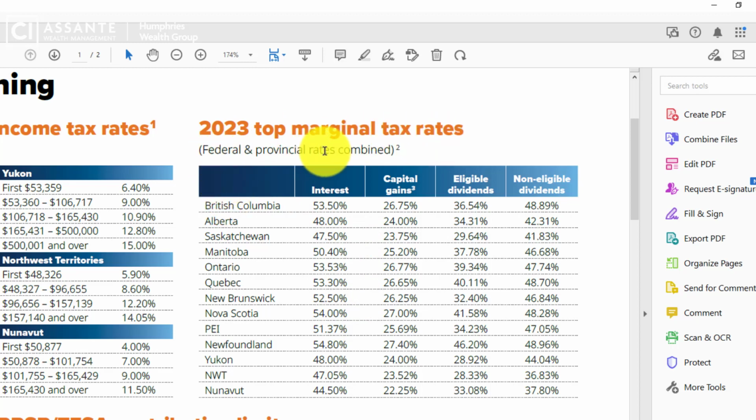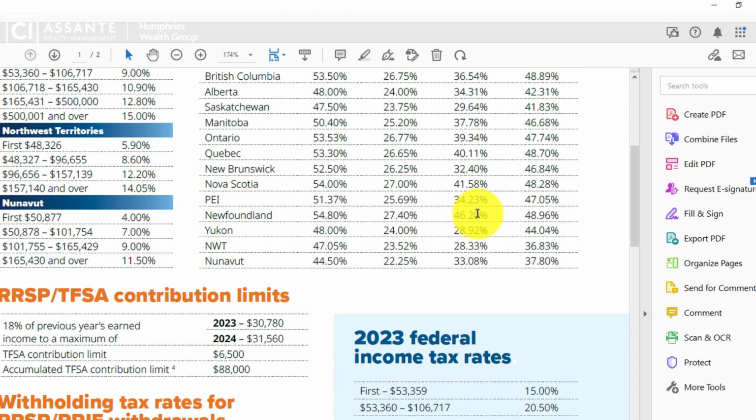If you look at federal and provincial rates combined, you can tell BC, if you're earning interest income, 53.5% is the top rate. If we go to Alberta, the top rate's 48%, and let's see here, 54% for Newfoundland, 50% for Manitoba. So it's summarized here how interest income, capital gains income, eligible dividends, and non-eligible dividends are taxed.